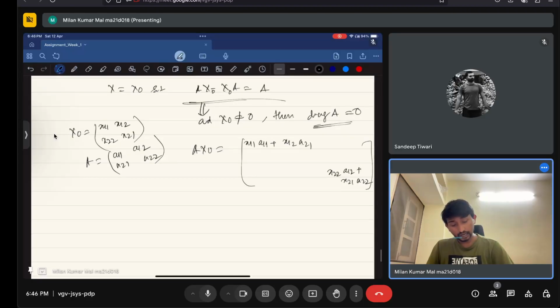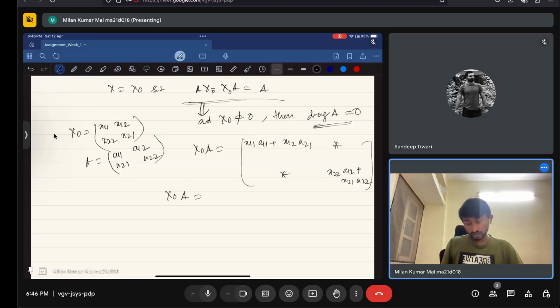You see the other two entries there, I'm not writing right now. And what is X naught A? This is X naught A, not A X naught: x11 A11, x12 A21, x22 A12, x21 A22, right?